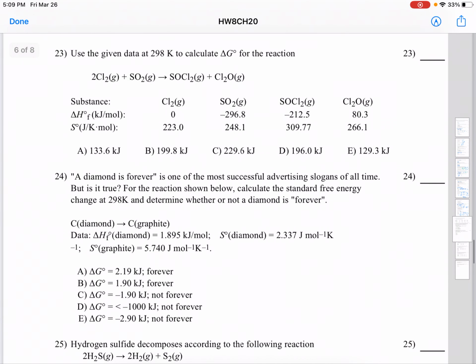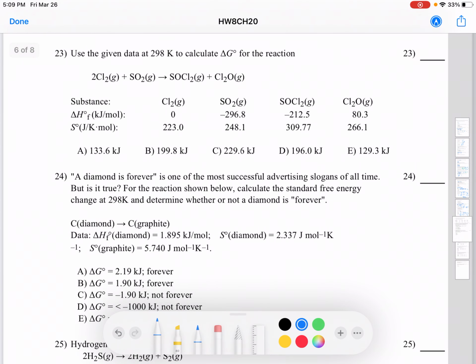Number 23. Use the given data at 298 Kelvin to calculate delta G naught for the reaction. Now for this one, we are given delta H naught and S naught. From these values, you have to calculate the delta G naught. For this one, we're going to use this equation: delta G naught equals delta H naught minus T delta S naught.